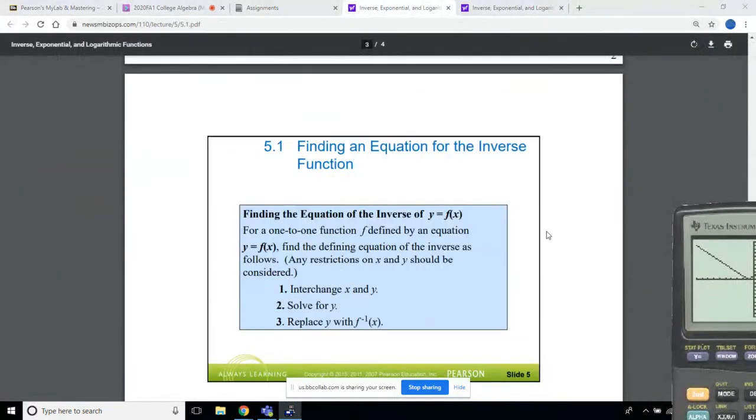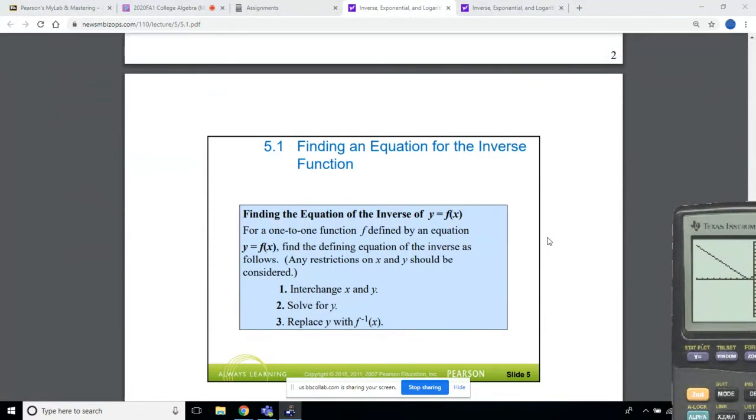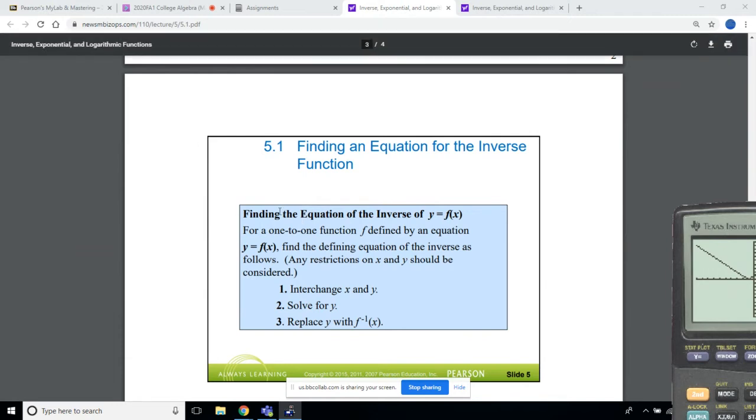Okay, we were here. And if we're given a function that is one-to-one, how would we find its inverse? Well, here are the 3 steps. The first thing we'll do is we will interchange x and y. So wherever we see an x, we'll replace it with a y, and wherever we see a y, we'll replace it with an x.